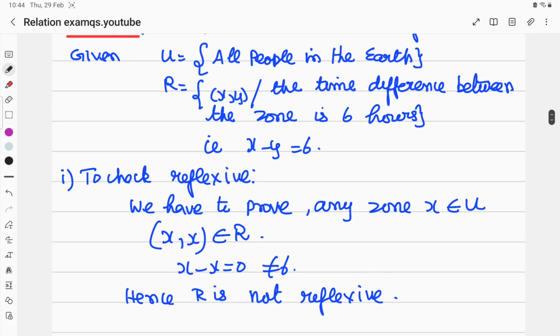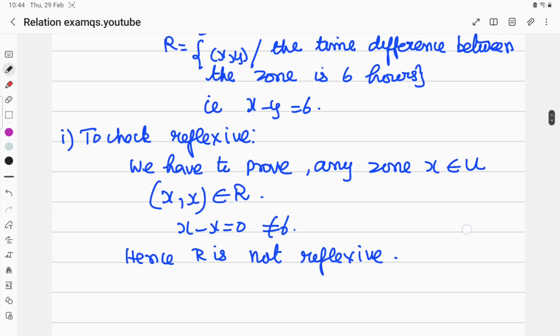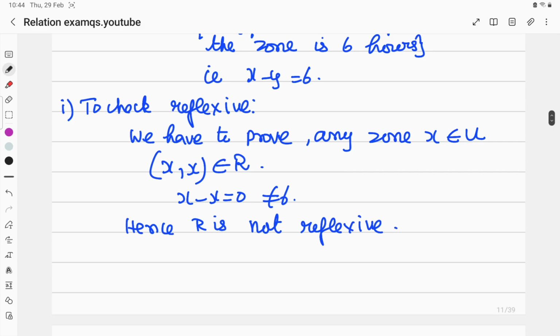To check reflexive, for any zone x belonging to the universal set, (x, x) should belong to R. But here they are choosing x minus y equal to 6, and x minus x is equal to 0 only. Therefore, it is not equal to 6. Hence, R is not reflexive.